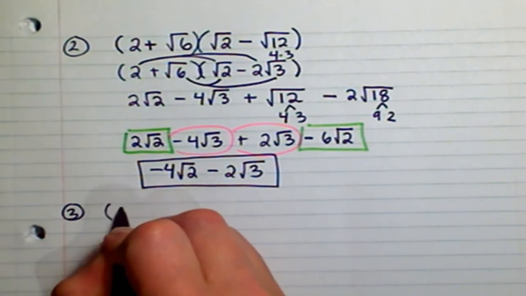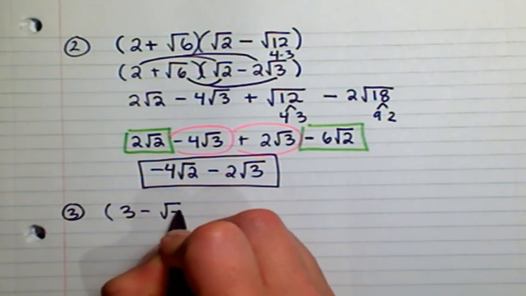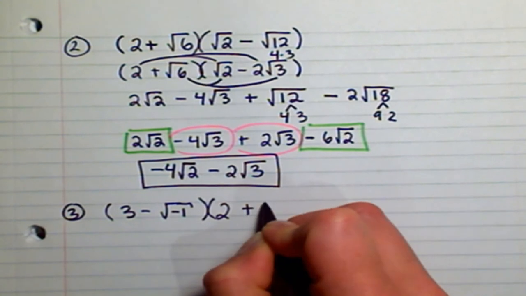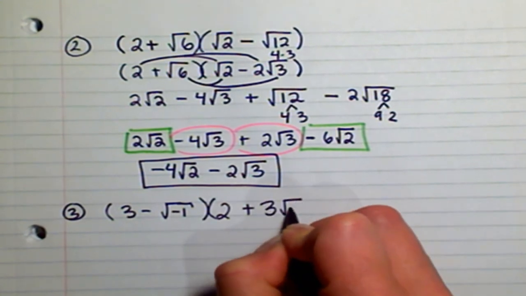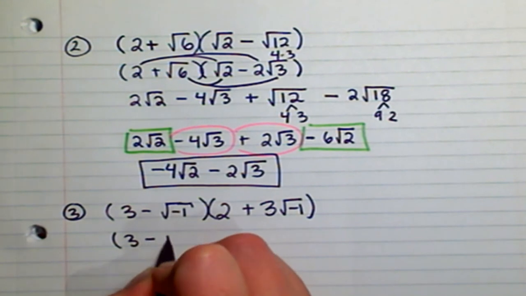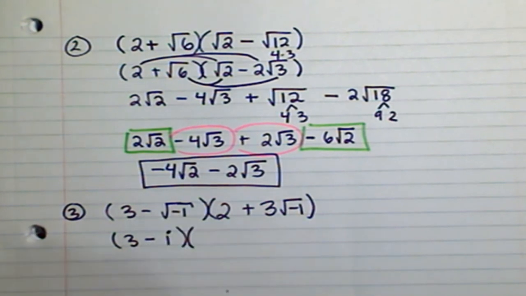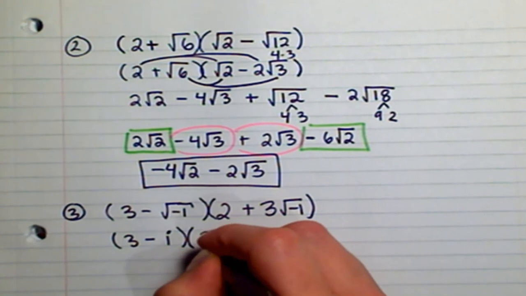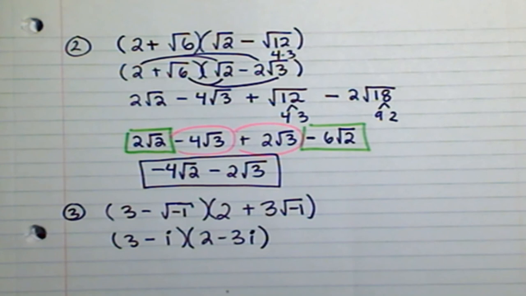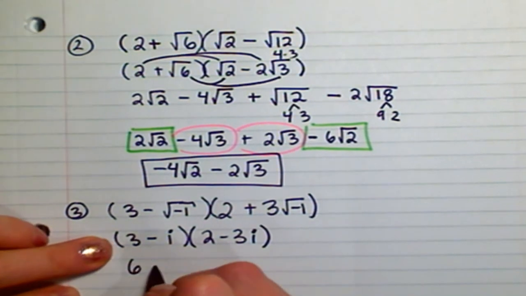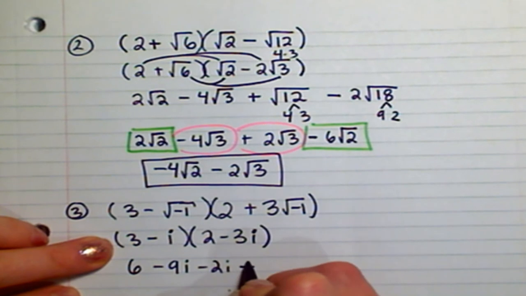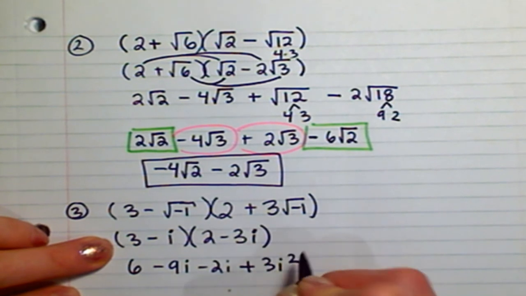I know I'm super excited and I'm over. I apologize, but 3 minus root negative 1, 2 plus 3 root negative 1. Sneaky, sneaky, Mrs. Tabrizi. Root negative 1 is just an i. You know how to FOIL that. First, outer, inner, last.